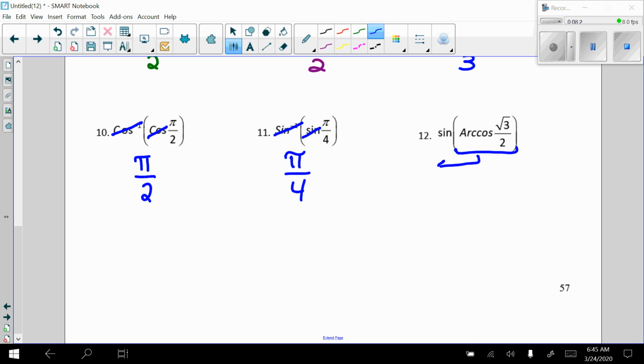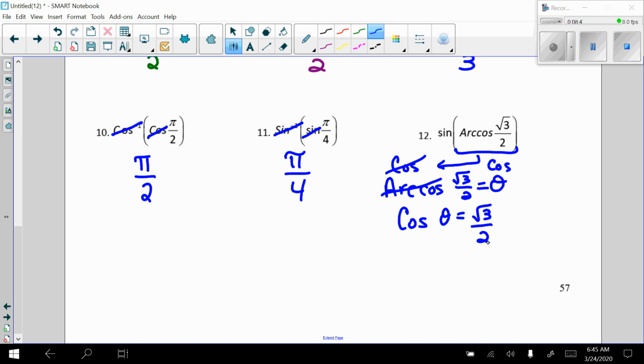So what we will do is set the arc cosine of root 3 over 2 equal to theta, because that all represents an angle. And you will take the cosine of each side so that we can take the inverse of that and get rid of it. And we're left with cosine of theta equal to root 3 over 2.